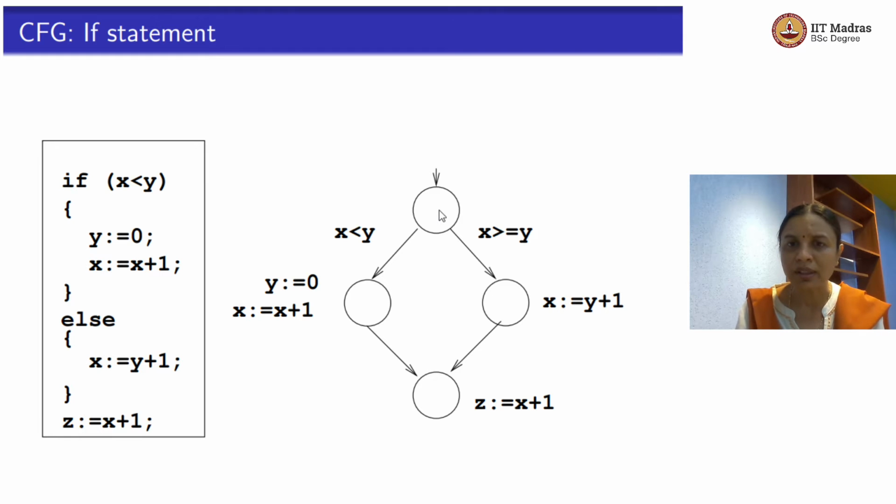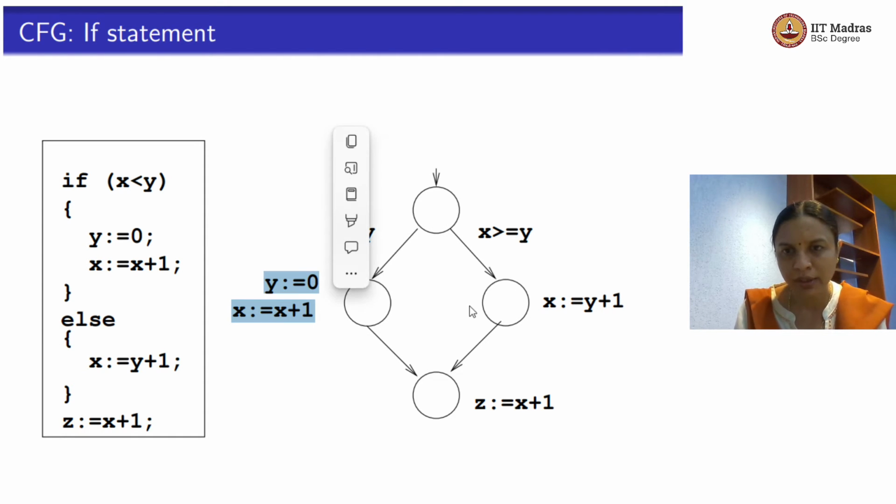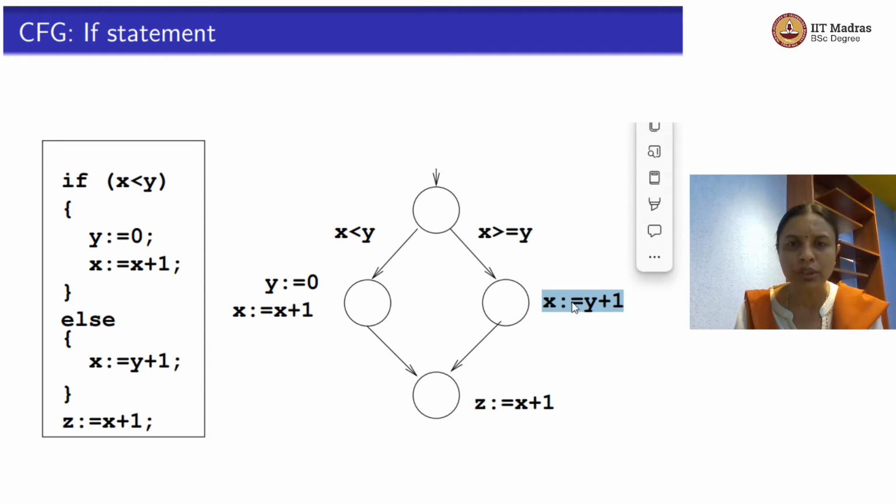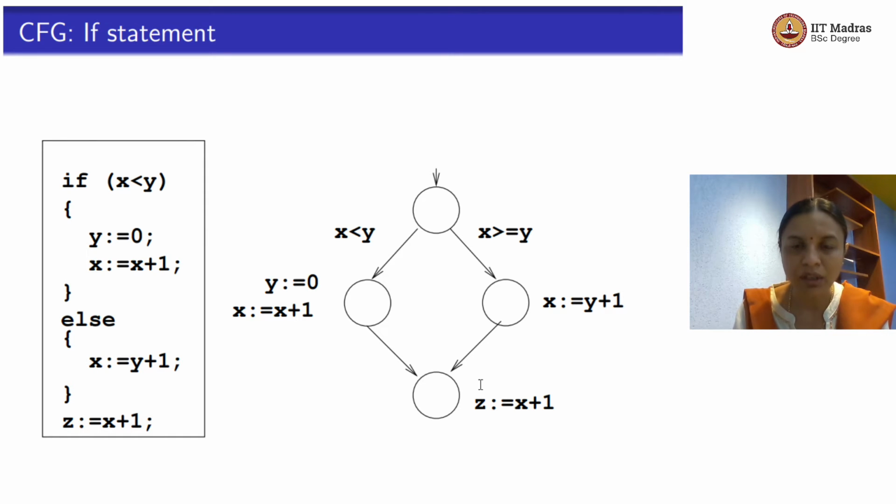To start with, there is a decision where a check of whether x is less than y or x is greater than or equal to y is done. If x is less than y, this node corresponding to these two statements is executed, and otherwise this node corresponding to this statement is reached. Whatever it is, I can do this or this. I will end up going to the last node, which represents the exit from the if statement.